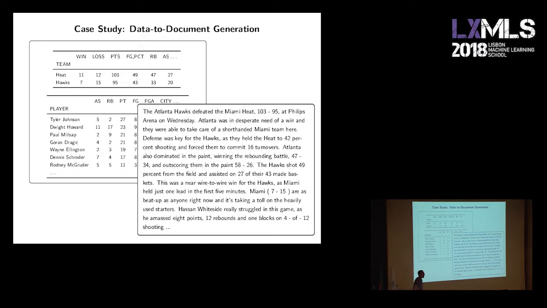On the bottom right, what I'm showing you are rather dry descriptions of the games. These descriptions come from a website that consists of fantasy basketball. So it's for people who don't really care about the people in the game, but care very much about how many points they scored. So that's what we have at the bottom here. And since these sequence-to-sequence models work so well in our previous tasks, I'm going to try running them on this particular problem.